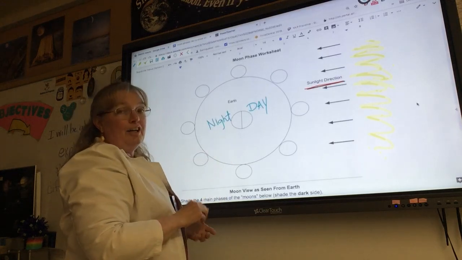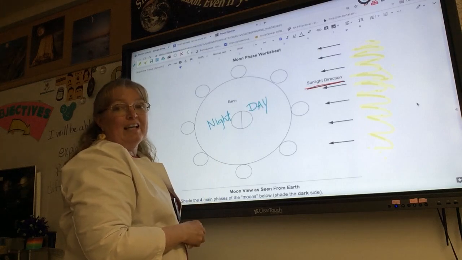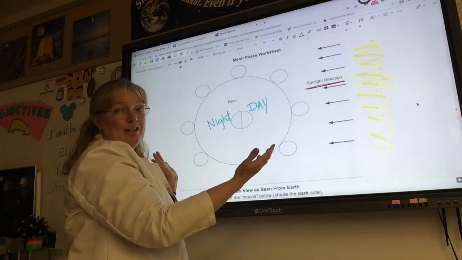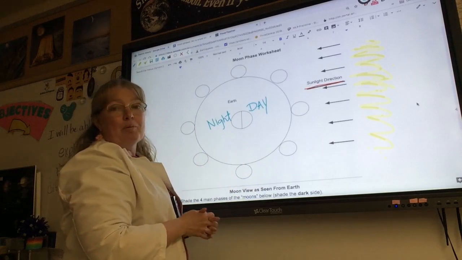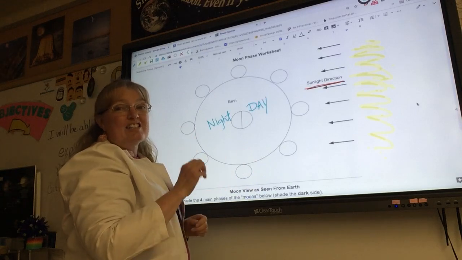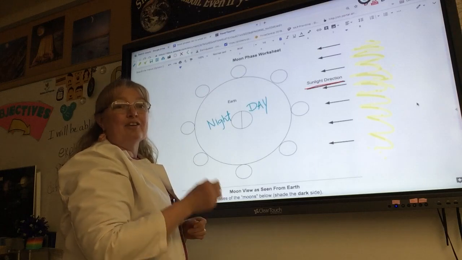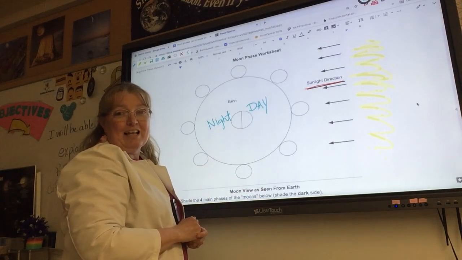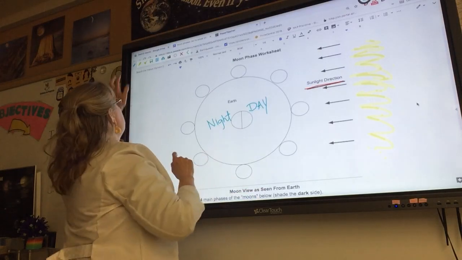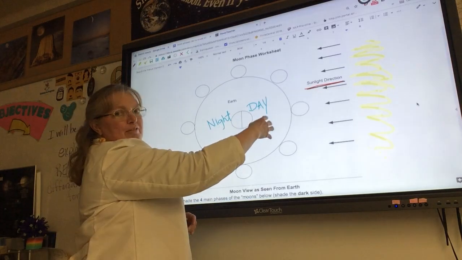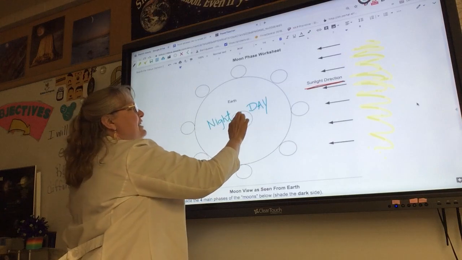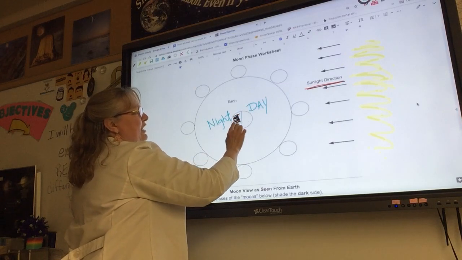Now, on our drawing today, we're going to let light be represented by the color of the paper. In my case, the color of my board. So what we're going to shade in is the shadow side, or the night side, or the side that's facing away from the light. So in this particular drawing of the Earth, the day side is the side receiving the light, and the night side is going to be the side that's shaded in.